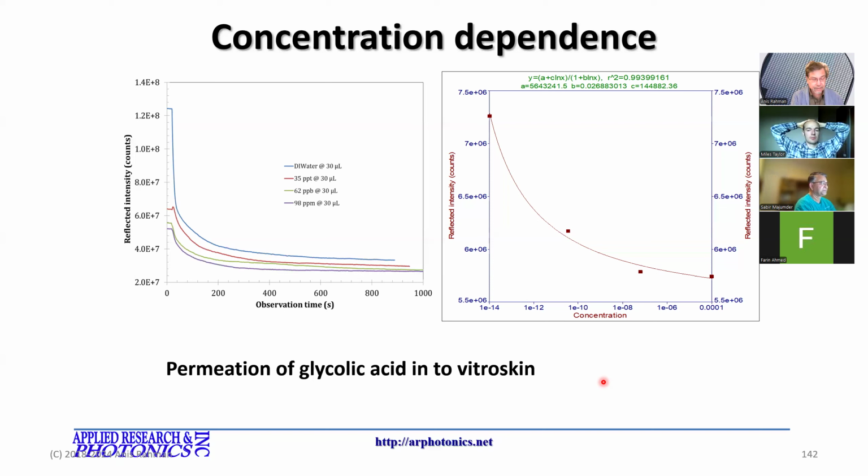We have also done a Franz cell experiment. The Franz cell has a top chamber and a bottom reservoir, and in the middle they put the stratum corneum or some other substrate. If solution is applied on top, it permeates through and goes into the reservoir. Then they draw liquid from the reservoir and put it in the HPLC.